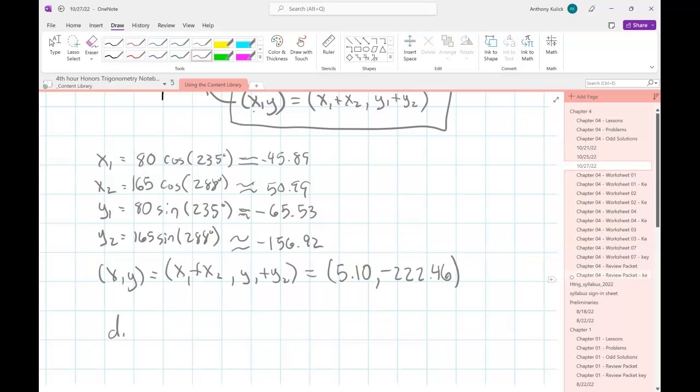So to find that total distance to that point, I could use the distance formula. Well, what is the other point I'm using? The origin. So this really just works out to the square root of x squared plus y squared, right? Since the other point is 0, x minus 0 is x, and then y minus 0 is y.